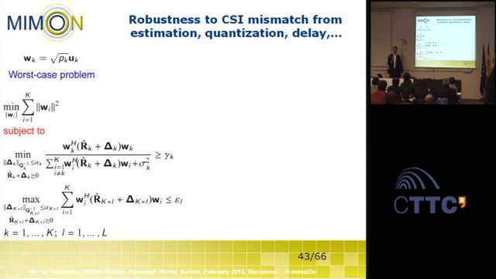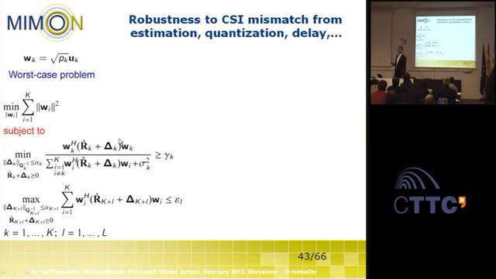So the beamforming problem that we consider now is a robust beamforming approach where we consider the worst case beamformer design, in the sense that we still want to minimize the total transmitted power, but instead of the exact channel covariance matrix, we have the estimated covariance matrices plus some mismatch matrices.